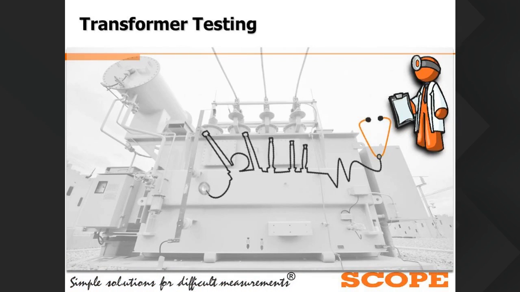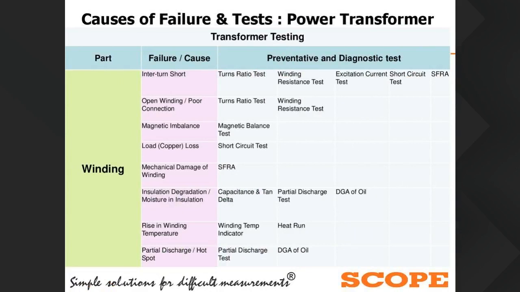So now we will go ahead to transformer testing. Here I have taken all the parts and the reasons for failure behind them, and after that which preventive and diagnostic tests we need to conduct on them.